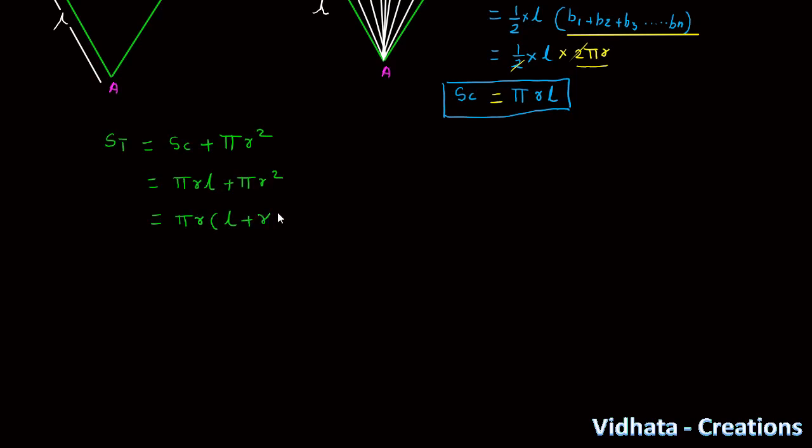Thus, the total surface area of the cone is equal to pi r in bracket L plus r. Thus, we can calculate the total surface area of a cone.